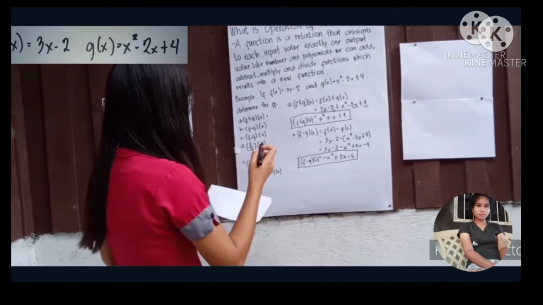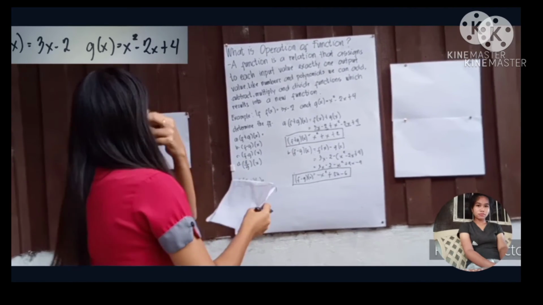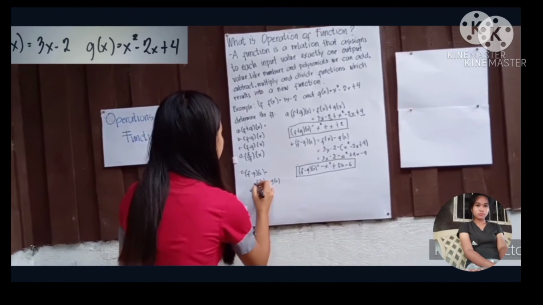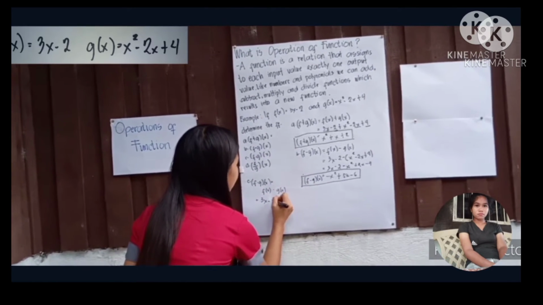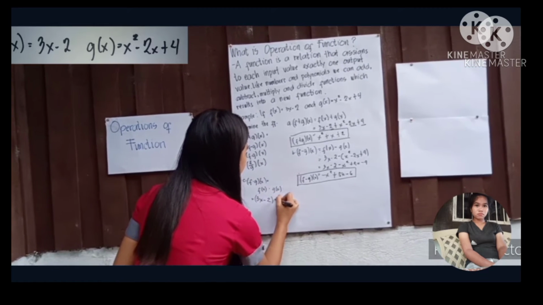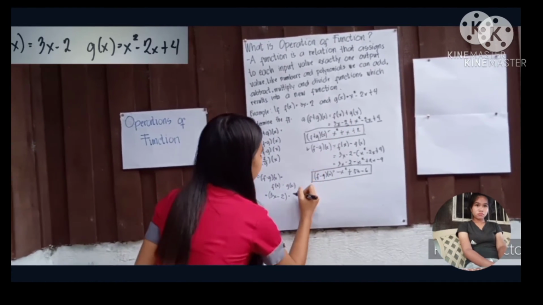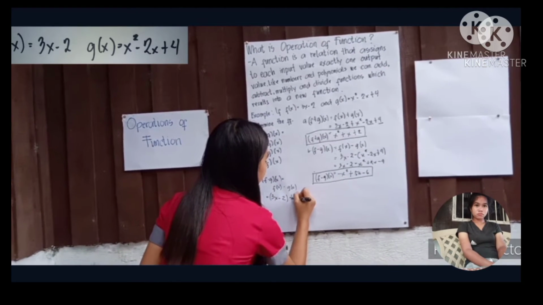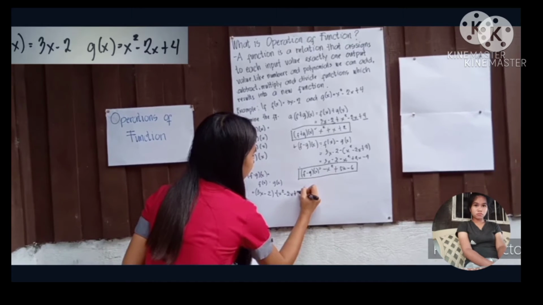So, same, we apply factoring. The value of f of x is 3x minus 2 in parentheses, times g of x, which is x squared minus 2x plus 4.